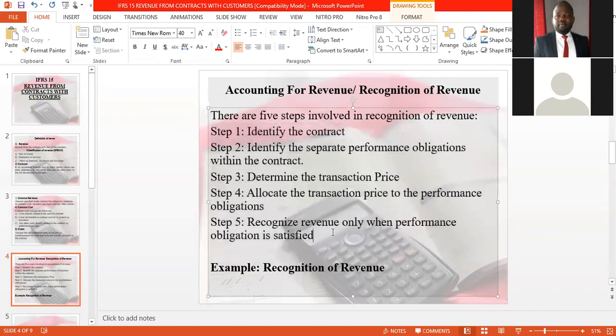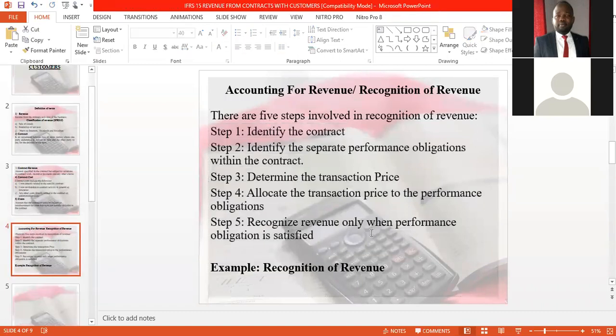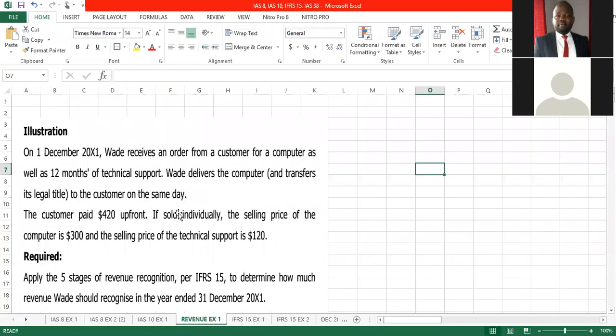Step 5, recognize revenue only when performance obligation is satisfied. So let us look at an example. Once we finish with this example, we will come back and continue with the standard. So let's go to an example. Take note of this.